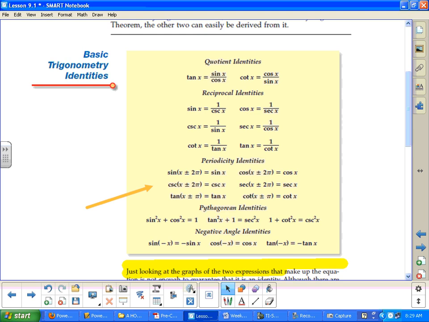Maybe once in a while we might use them. But the main ones we'll be using are the quotient identities, reciprocal, the Pythagorean identities. Remember, you should have those written down somewhere as 9 different versions, okay, 3 for each. And then the negative angle identities we'll be using. So we'll be using all of those identities to be able to prove.